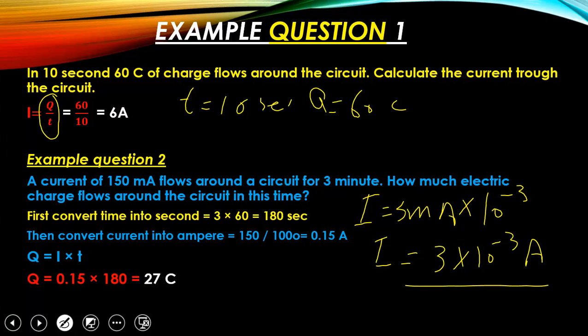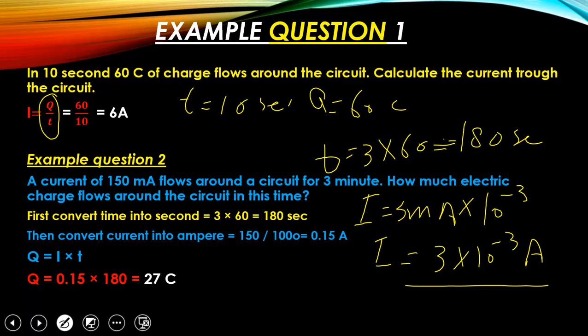And time, we must convert from minutes into seconds. So time equals 3 times 60, which equals 180 seconds.